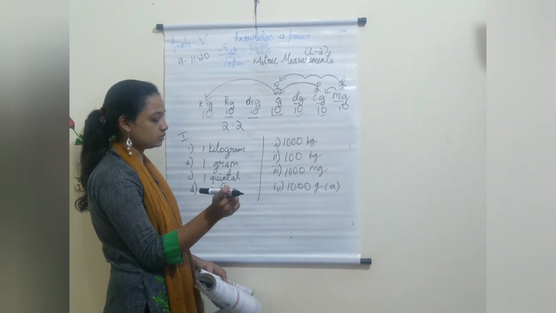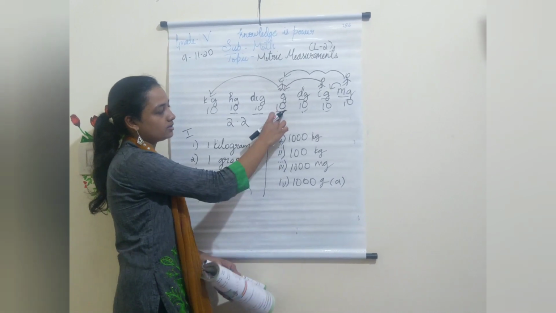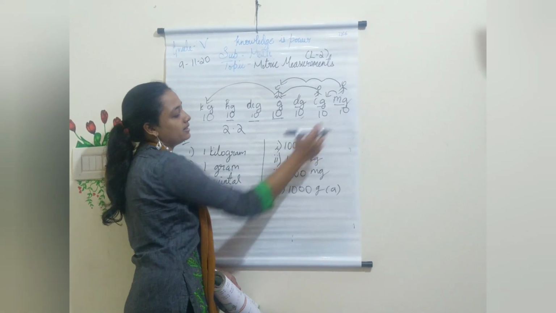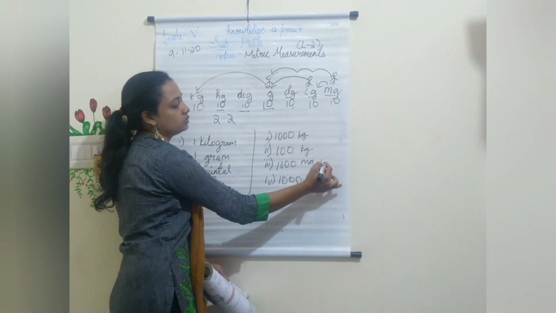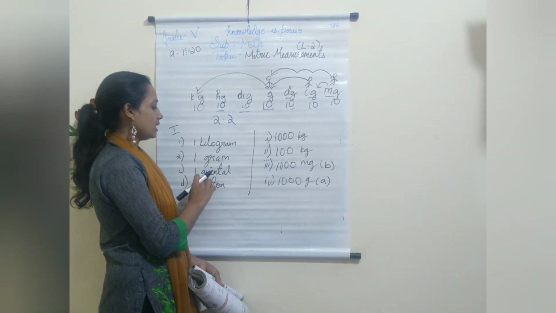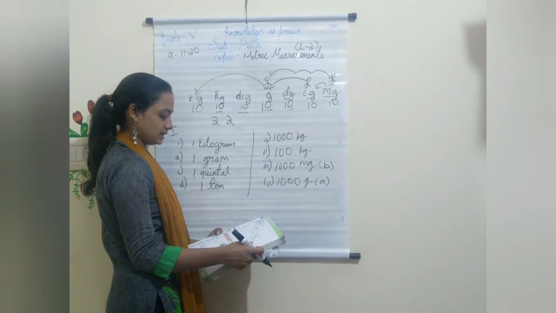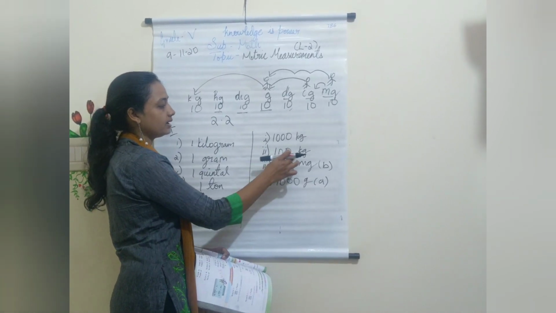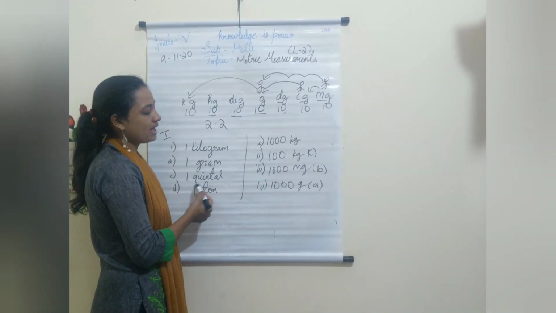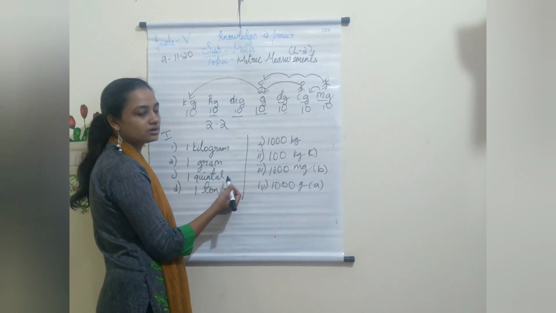Next, 1 gram is equal to 1, 2, 3 steps here, milligram. So I write 2 here, or I write D. 1 quintal is a special unit.